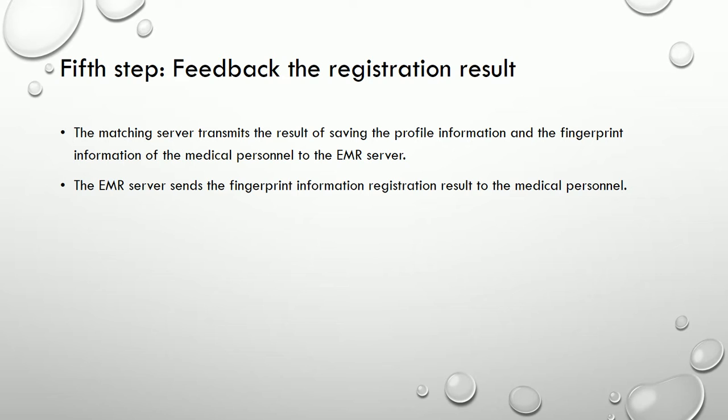These 2 steps are just the feedback of the registration result. The matching server transmits the result of saving the profile information and the fingerprint information of the medical person to the electronic medical record server, and then the electronic medical record server sends the result back to the medical personnel, and that is the process of fingerprint registration.